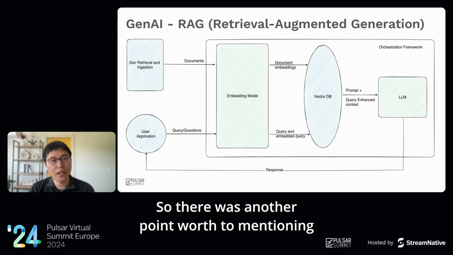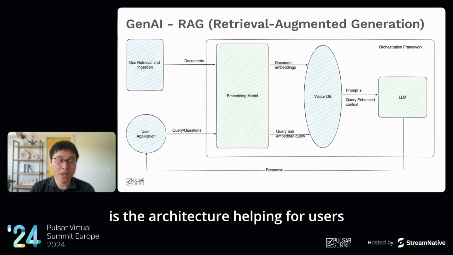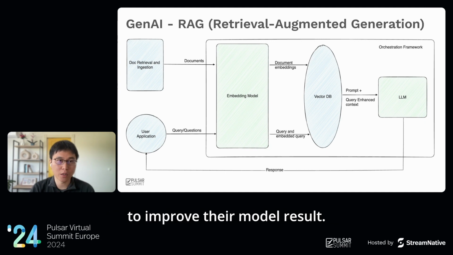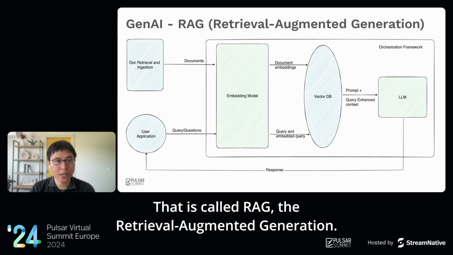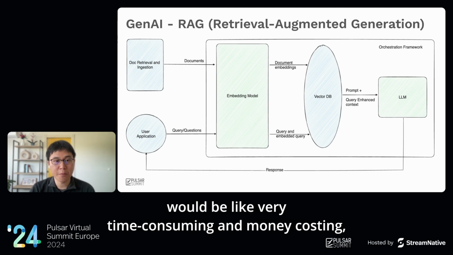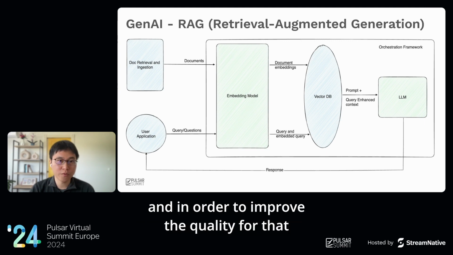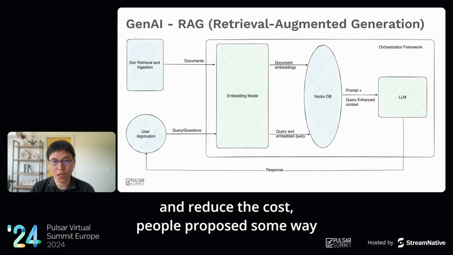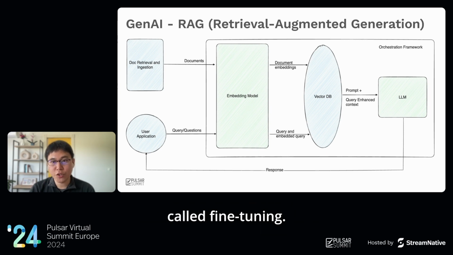Another point to mention is a new architecture for helping users improve their model results, called RAG, Retrieval Augmented Generation. We know that training an LLM would be very time consuming and costly. In order to improve quality and reduce cost, people proposed fine-tuning.